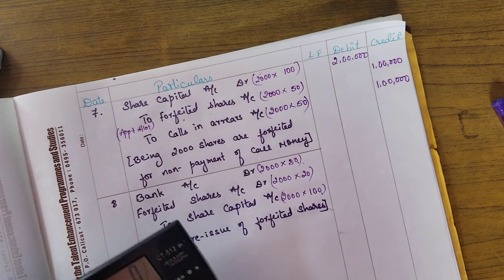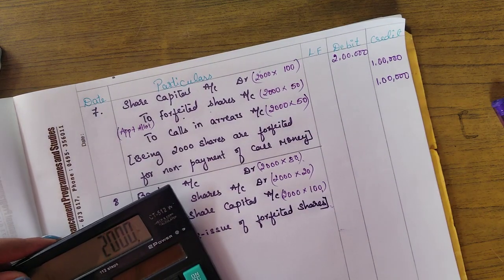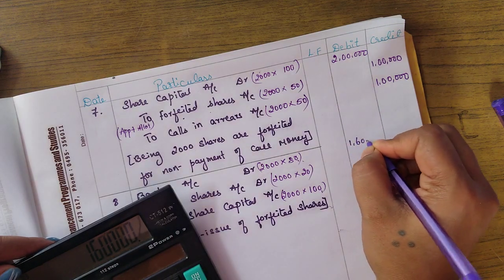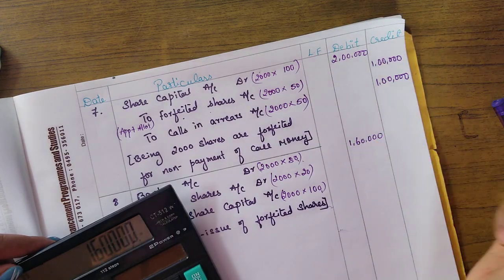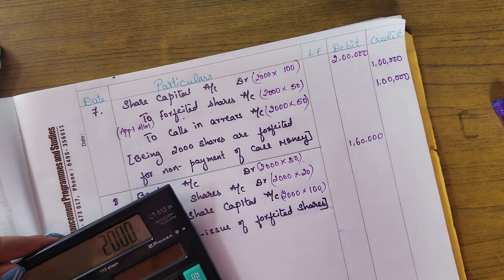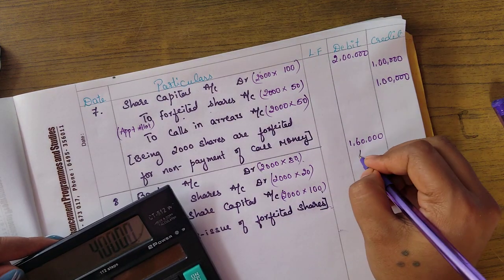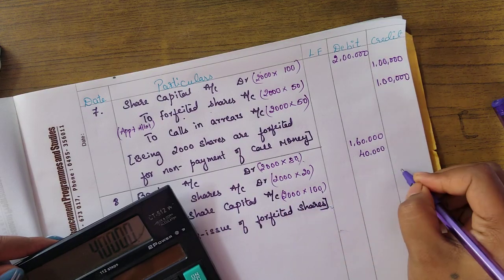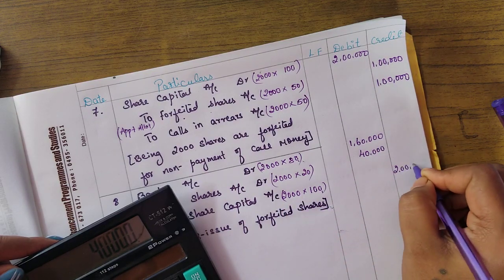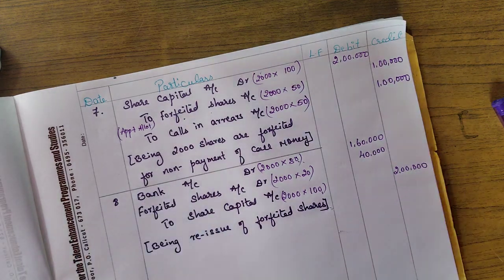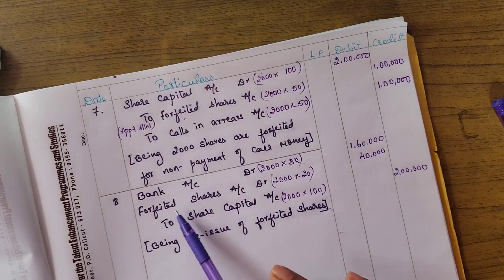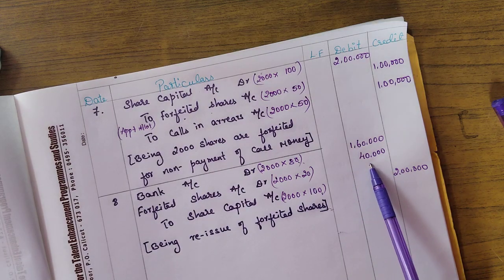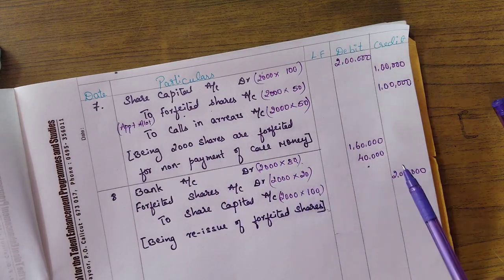Okay, so here 2000 into 80, they are receiving 1,60,000. 2000 into 20, 40,000. 2000 into 100, 2 lakhs. So this is the final amount. So the forfeited share value they need to adjust after reissuing is 40,000.